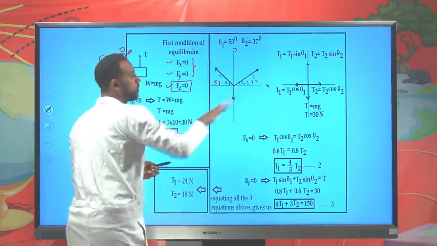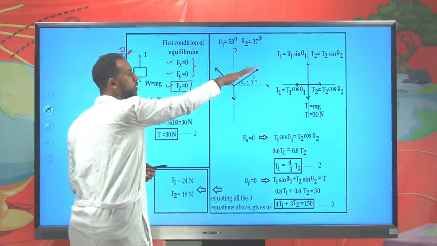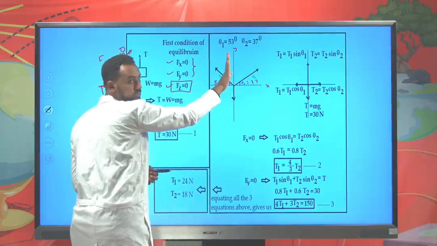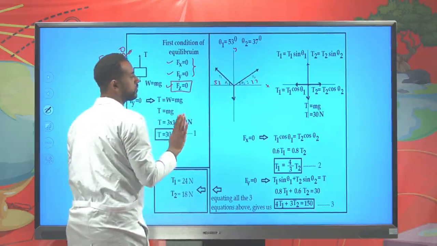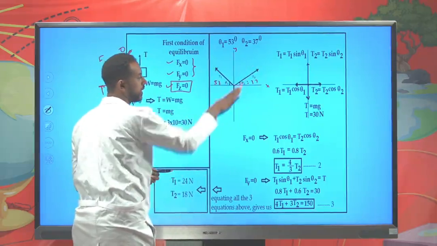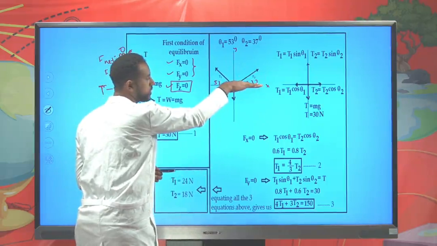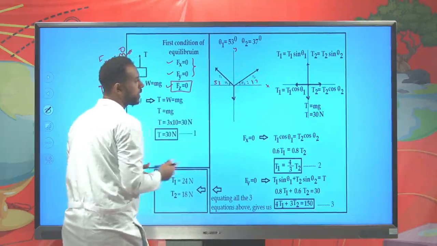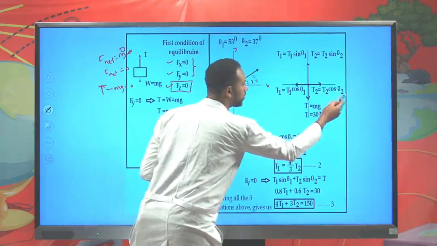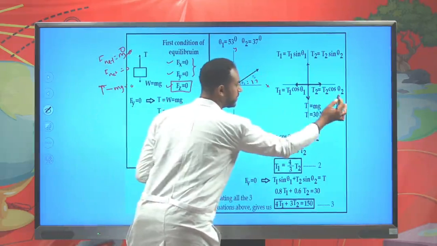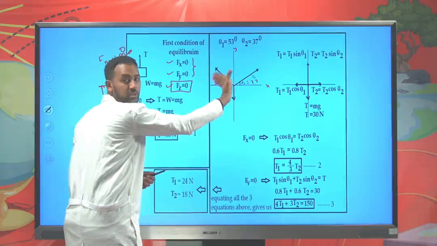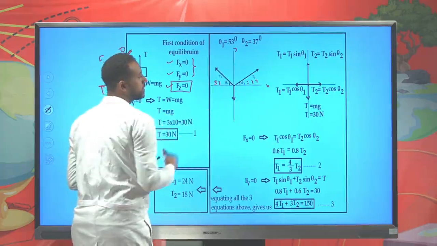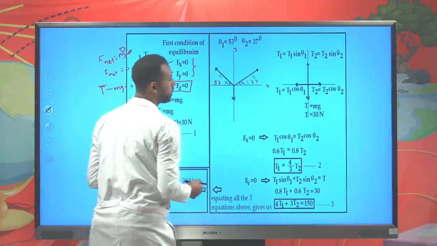And you can decompose those force components along the x-axis and y-axis. So you have to decompose all the force components along x and y. The horizontal component of tension T2 along x can be given as T2 cos theta 2, and the horizontal component of tension T1 can be given as T1 cos theta 1.